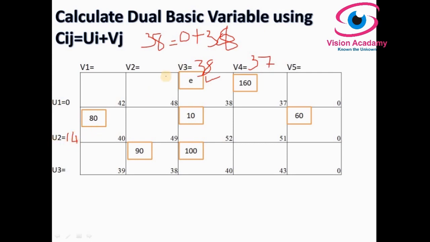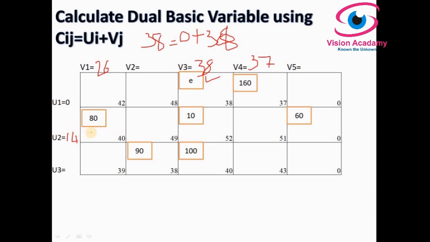So 14 plus 38, 52. Now it becomes easy. Now you can calculate for this cell because you have one value here. So 40 is Cij, U2 is 14, then it must be 26. 14 plus 26, it becomes 40.